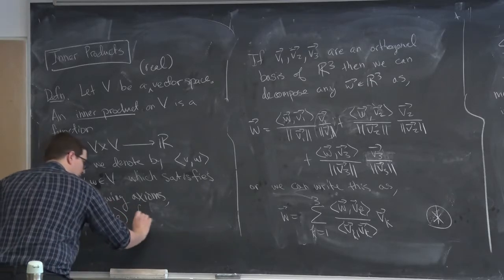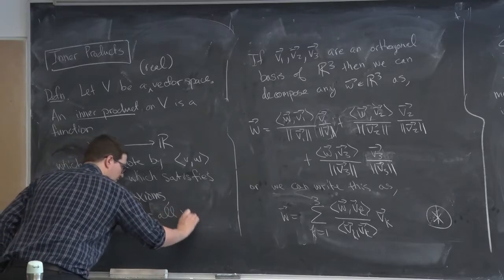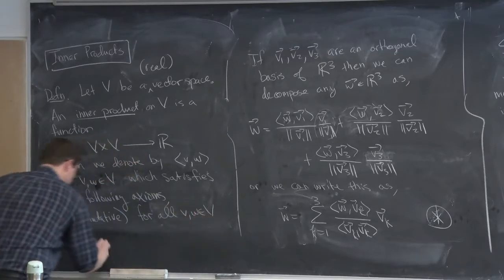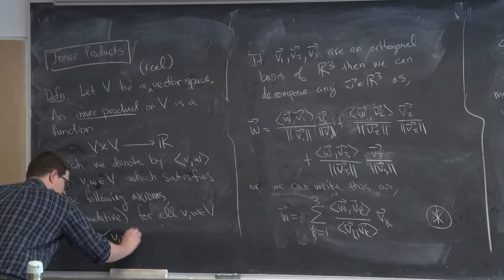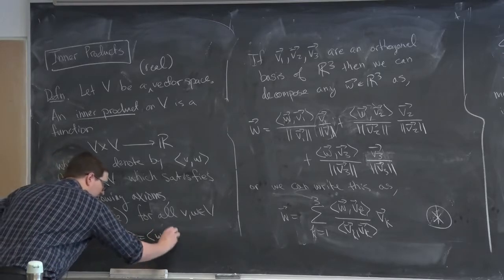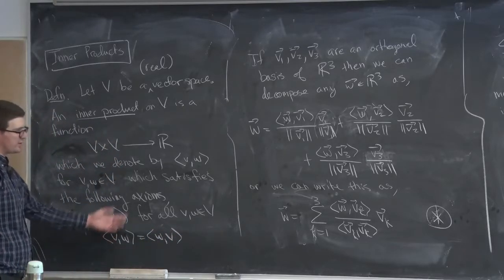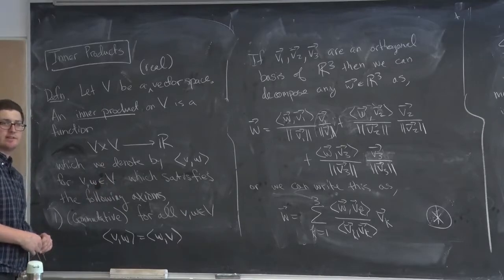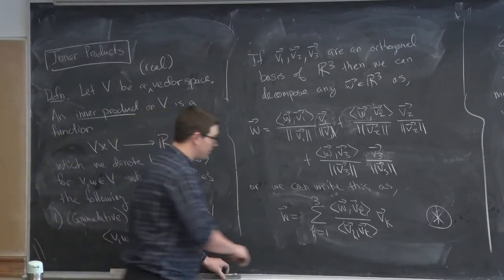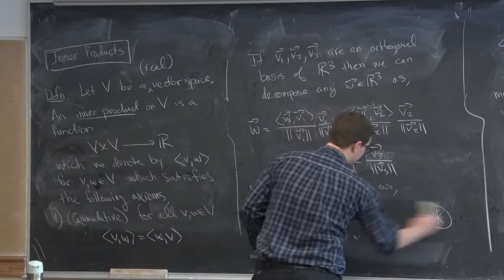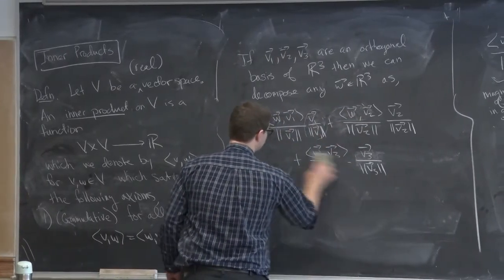So for all V and W, the inner product of V and W is equal to that of W and V. And the thing you should think about is functions and the integral that I wrote down. That's one of the examples, the new example that we're going to do in this class.